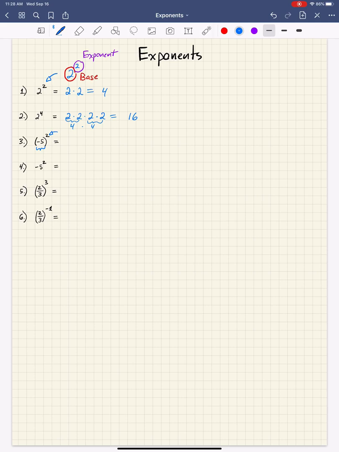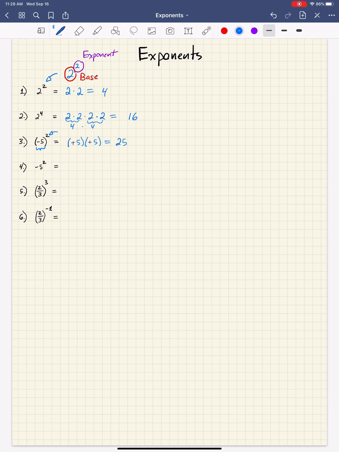So right here, we're going to multiply negative 5 by itself 2 times. And then negative times negative becomes positive. So here, these become positive. And we get 5 times 5 is 25.